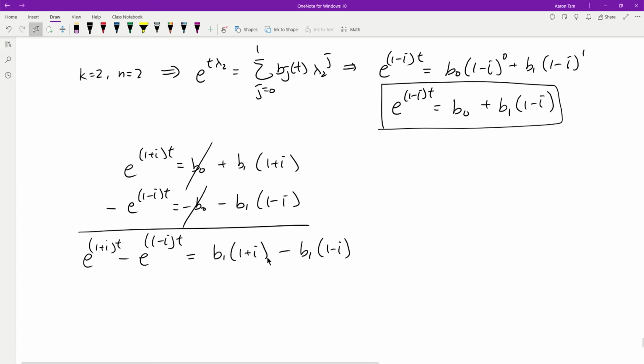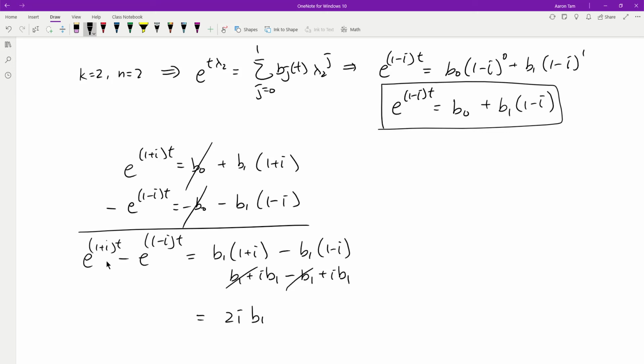If you multiply this out, that becomes b sub 1 plus i b sub 1 minus b sub 1 plus i b sub 1. So the b sub 1 cancel out and that leaves i b sub 1 but twice. So therefore it becomes 2i b sub 1.